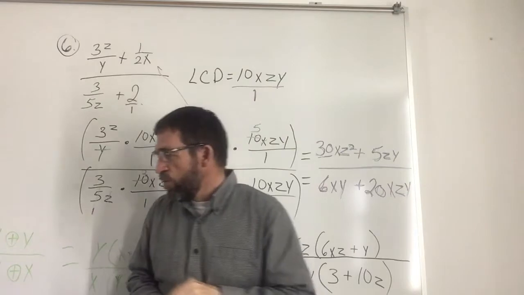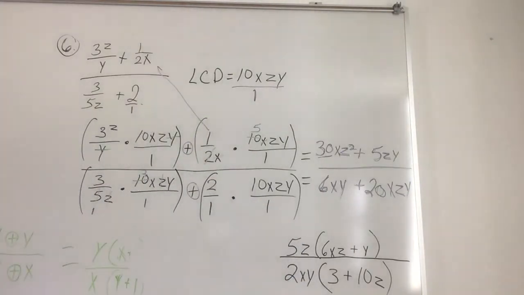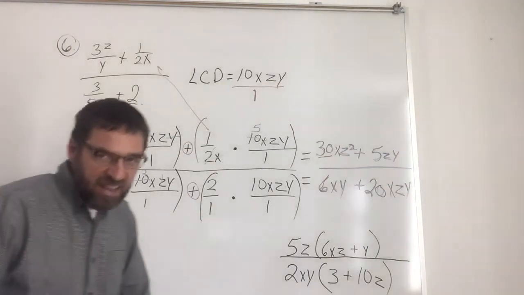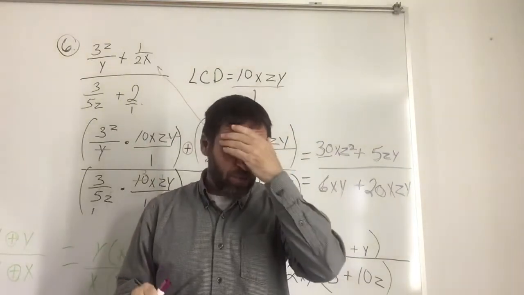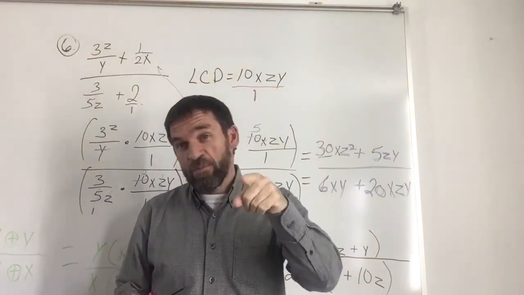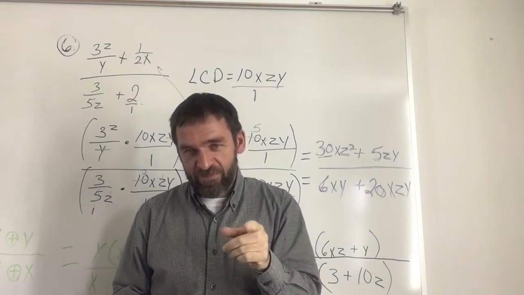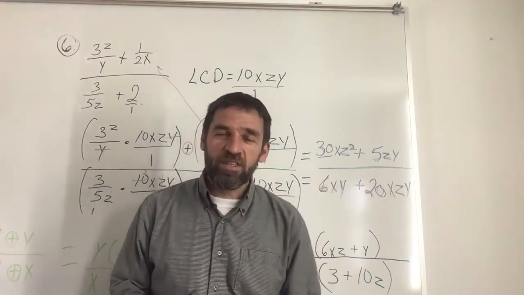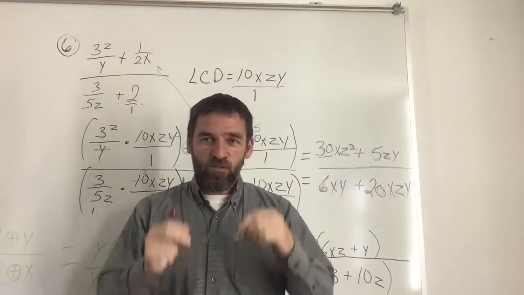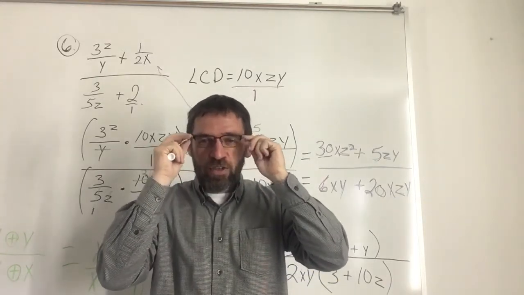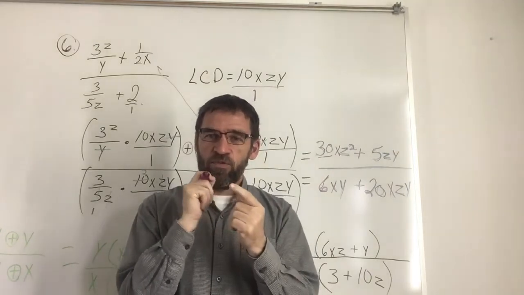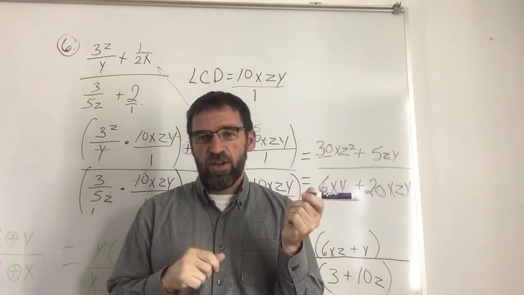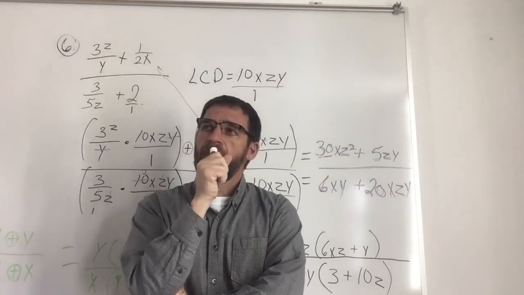I'll tell you what, if you look at problem number 49, anybody that can get problem number 49, let me tell you what I'm going to do. You get problem number 49 correct, and when you do your quiz tomorrow, I'll give you extra credit. Let me see, how am I going to do that?